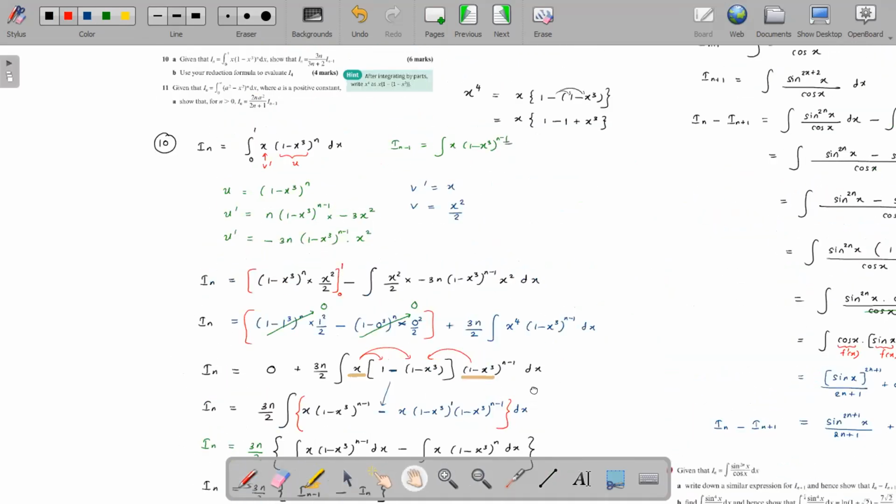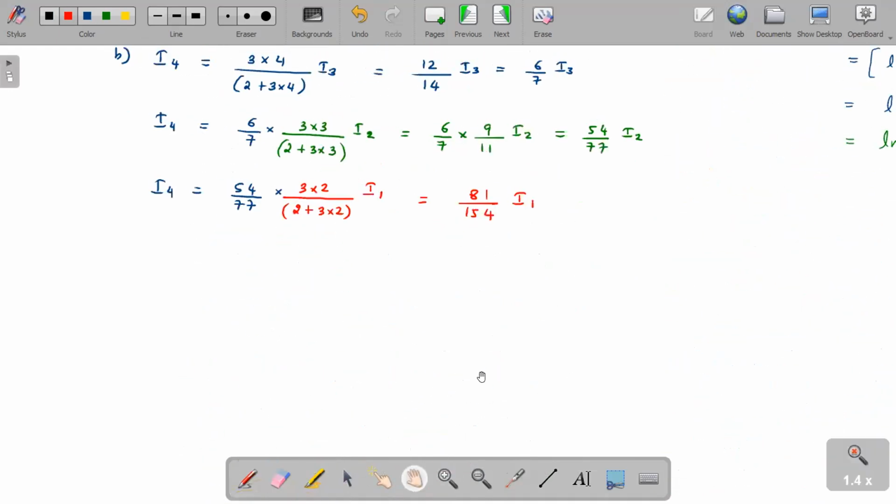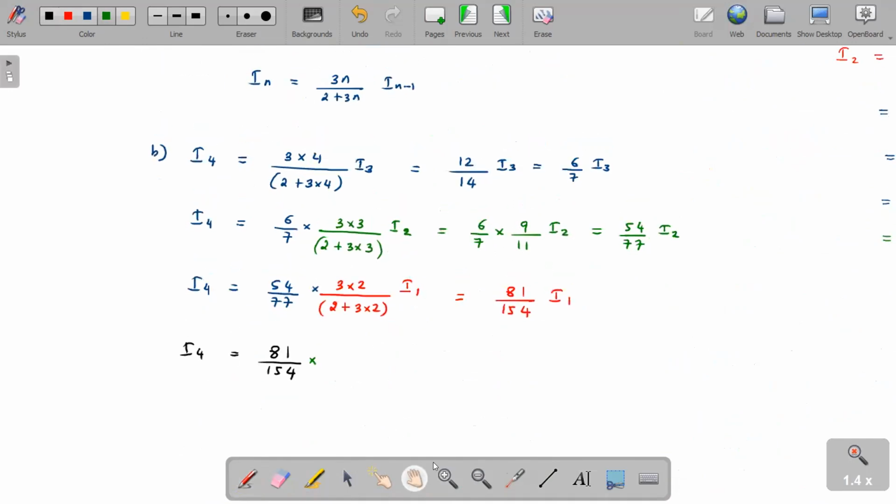Is it easier to work with I1 or should we go to I0? I0 is a lot easier. So let's go with I0. So going on with I4 equals 81 over 154 I1. I1 is what? If you go to I1, it's 3 times 1, 3. You go to this equation and find I1: 3 times 1, 3 over (2 plus 3 times 1), I0.